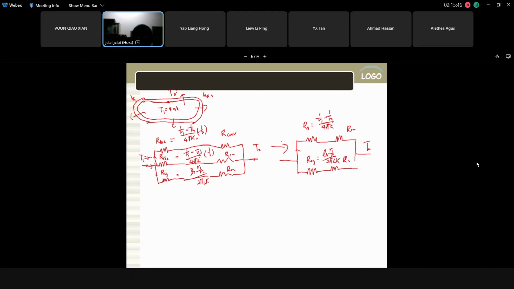And do you know this can be simplified further? Like group 6, they further simplify it because they want to show they really pandai.